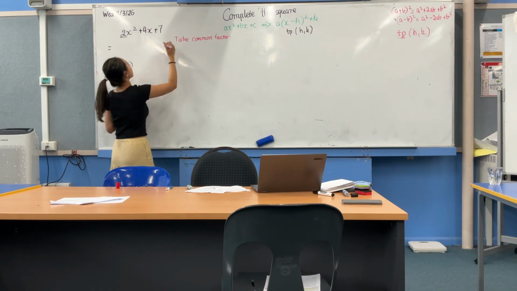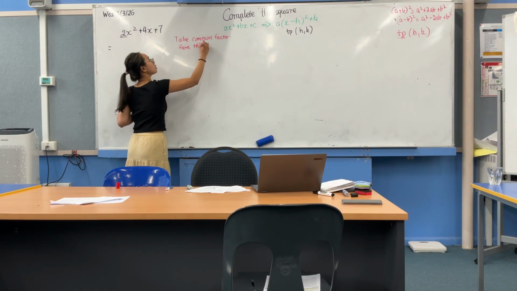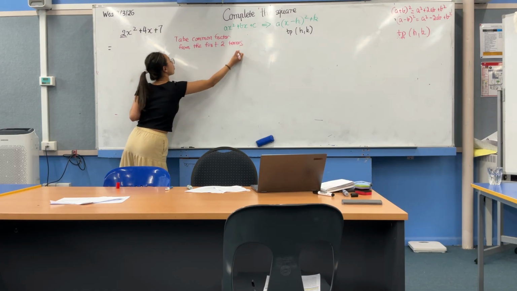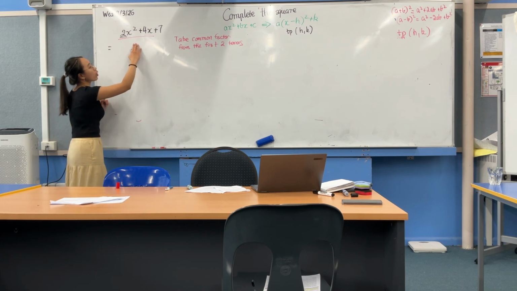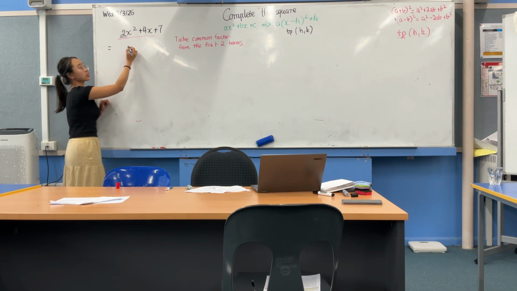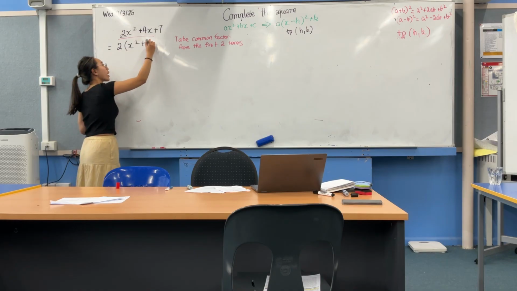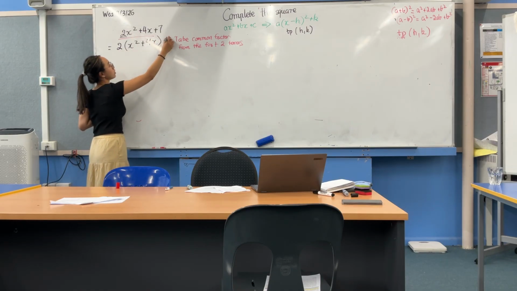Take out the highest common factor from the first two terms, which are these two. The highest common factor is 2, so I will bring out 2(x squared plus 4x), close the bracket with only those two terms, plus 7.